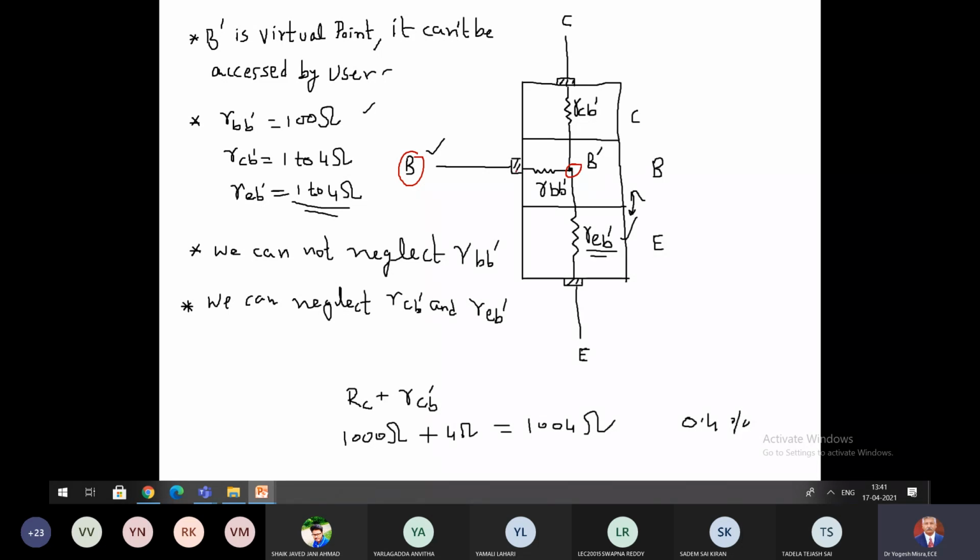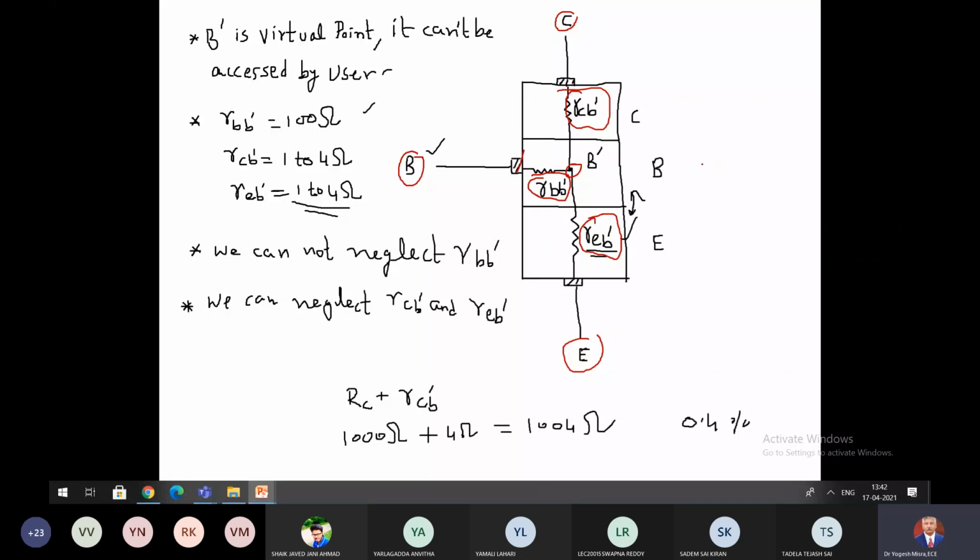Between B dash and this point there will be a resistance, internally it is RBB dash. Between B dash and E terminal, internally there is a resistance RB dash E. And between B dash and C there is internally one resistance, that is RCB dash.